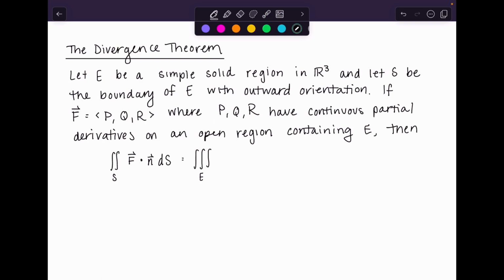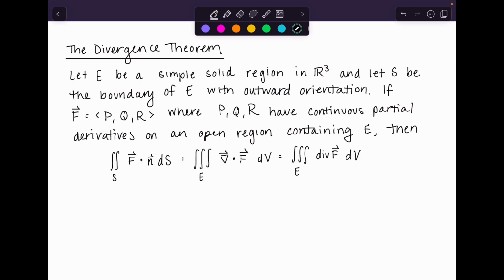But the way it's going to do that is by looking at the divergence of this vector field. So remember, the gradient dot the vector field is just the divergence. So we can turn this double integral into a triple integral, and then we'll have some function on the inside, and those bounds will be determined by E.